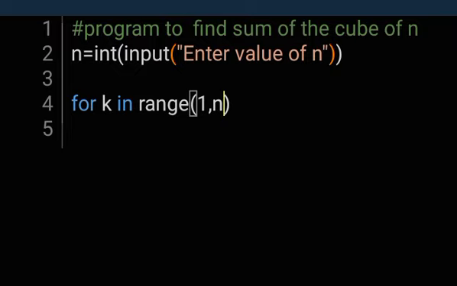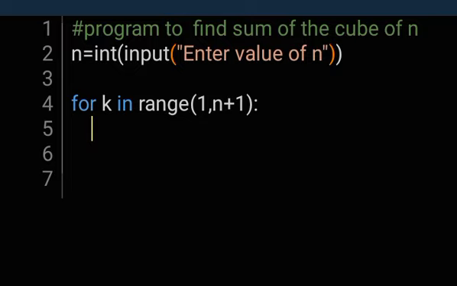Do you know the reason why I put n plus 1? The counter, if I say range n, it will start the iteration from 0. So I want it to start from 1 and end at the exact value. So I have to put a colon here so that the next line an indent will be provided.